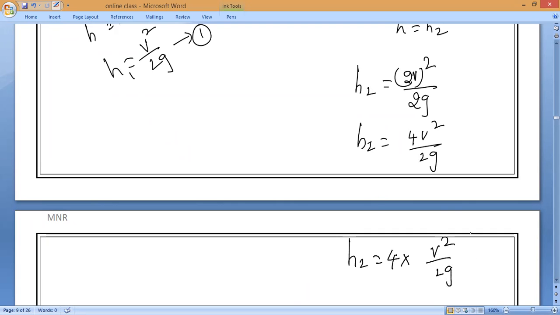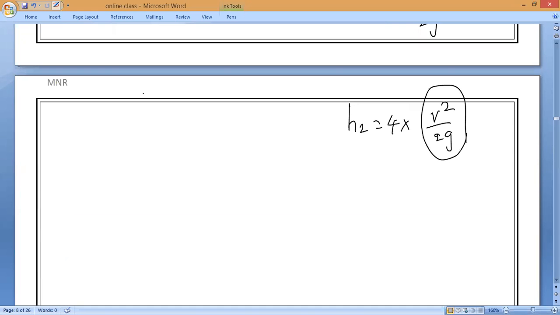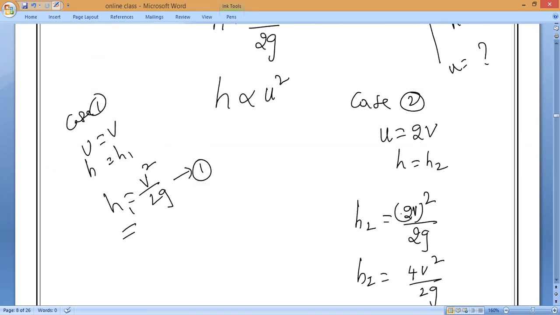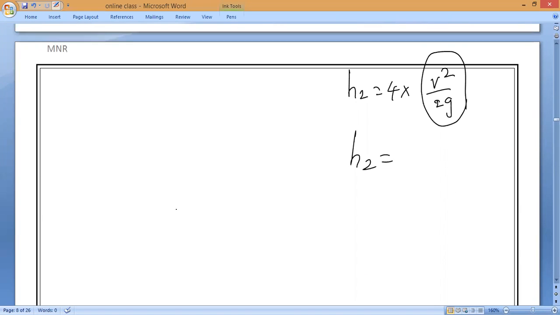Any doubt? Now, v square by 2g is equal to what? We know that already: v square by 2g is equal to h1.